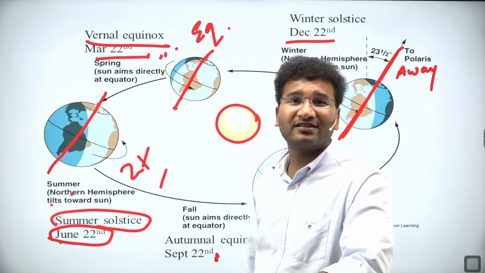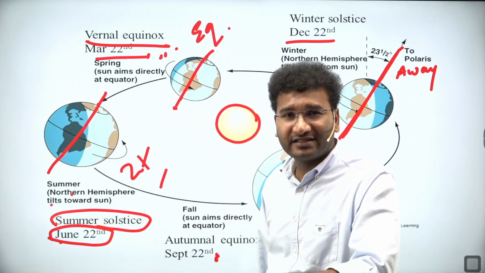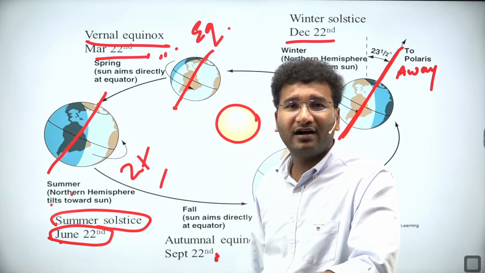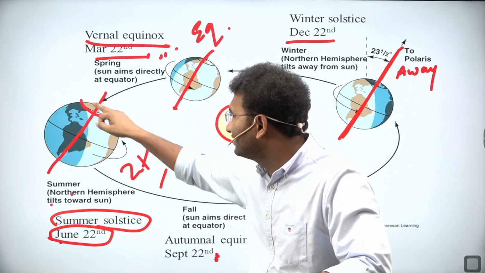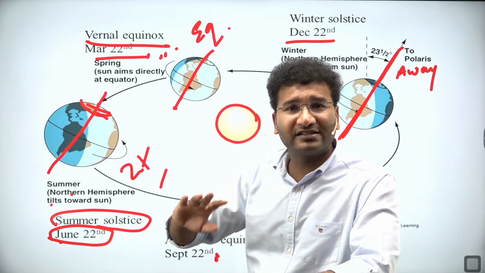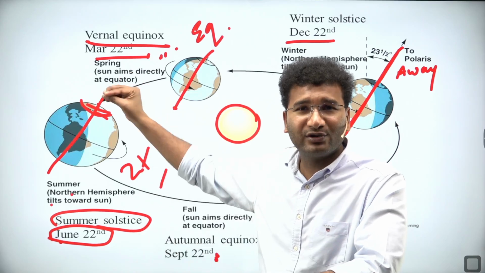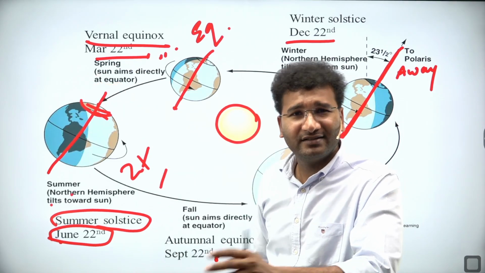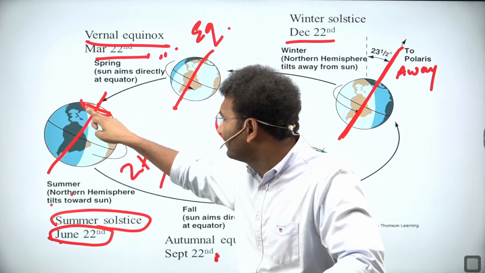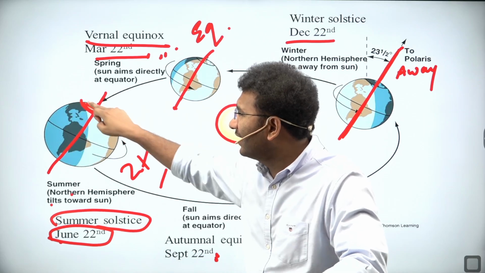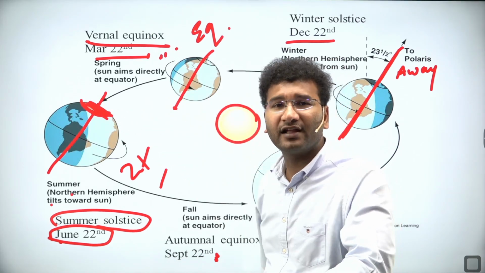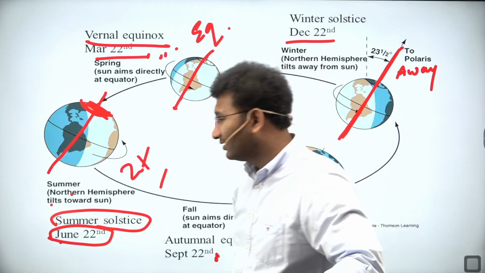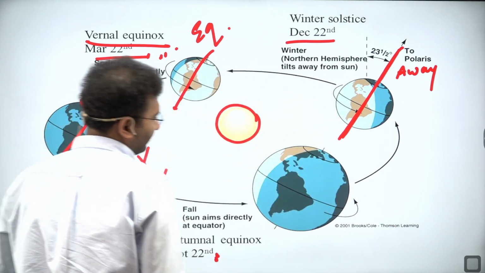Or else they will ask, the sun never sets beyond the Arctic Circle. On this day, the entire Arctic Circle and above regions will have 24 hours of sunlight, right? So these kinds of questions are asked by UPSC.